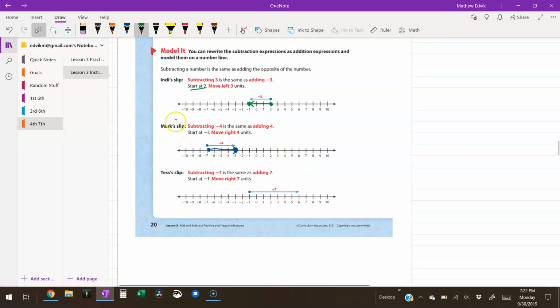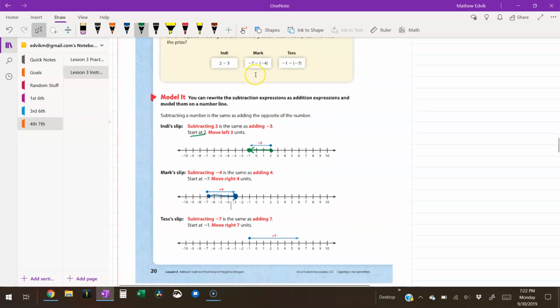And so if we're looking at Tess then, so she is starting at -1 and is subtracting a -7. So she's starting at the opposite of 1, and then she's doing the opposite of 7, which is adding 7. So she starts here at 1, and then goes 1, 2, 3, 4, 5, 6, 7, and she ends at 6.